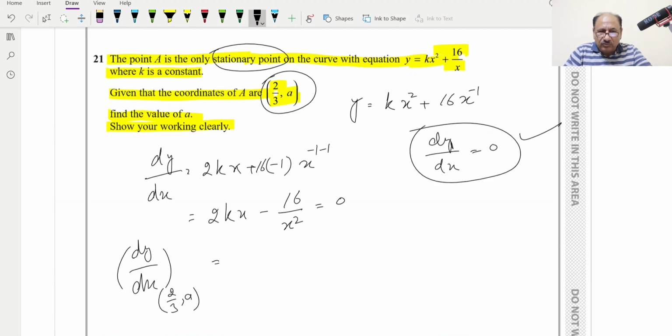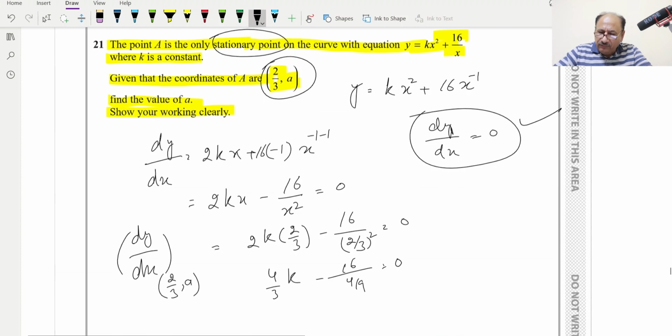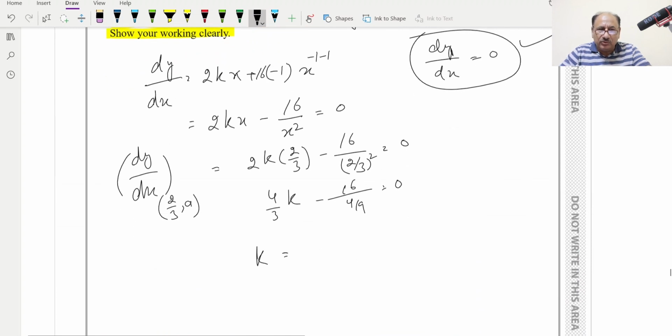This will be 2k into 2 by 3 minus 16 over 2 by 3 squared, equal to 0. So this is 4 over 3 k minus 16 over 4 over 9 equal to 0, and we can find the k value. 4 by 3 k equals 16 over 4 over 9, so k equals 16 over 4 over 9 multiplied by 3 by 4.